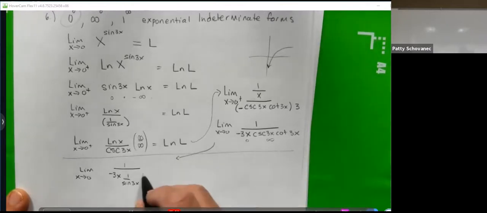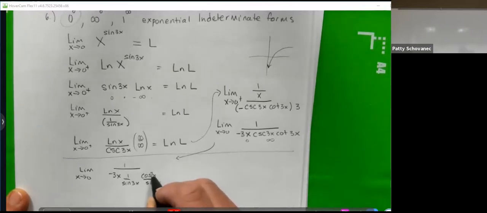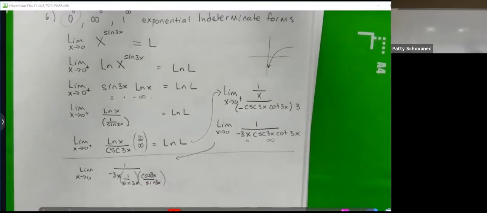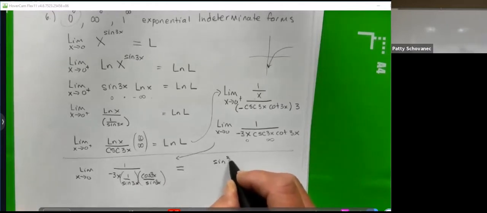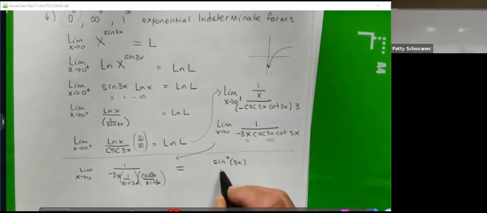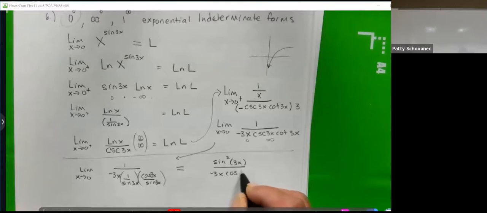And this is cosine over the sine. So I'm going to have a cosine of 3x over a sine squared of 3x. The sine squared of 3x is going to flip to the top. Downstairs, I'm going to have negative 3x cosine of 3x.